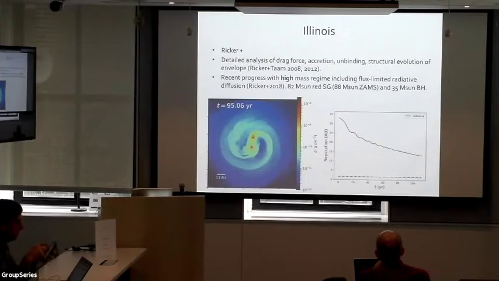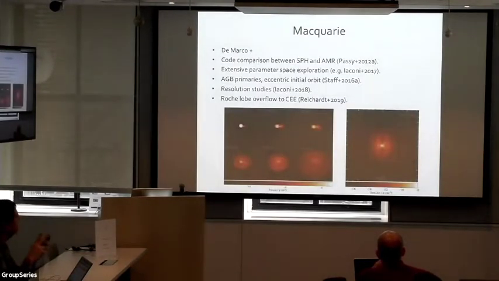These are really large scales, so very challenging, and you need radiation transport because otherwise the thermal timescales are comparable to the other timescales in the problem. It's very challenging to do, but everyone wants to get there.